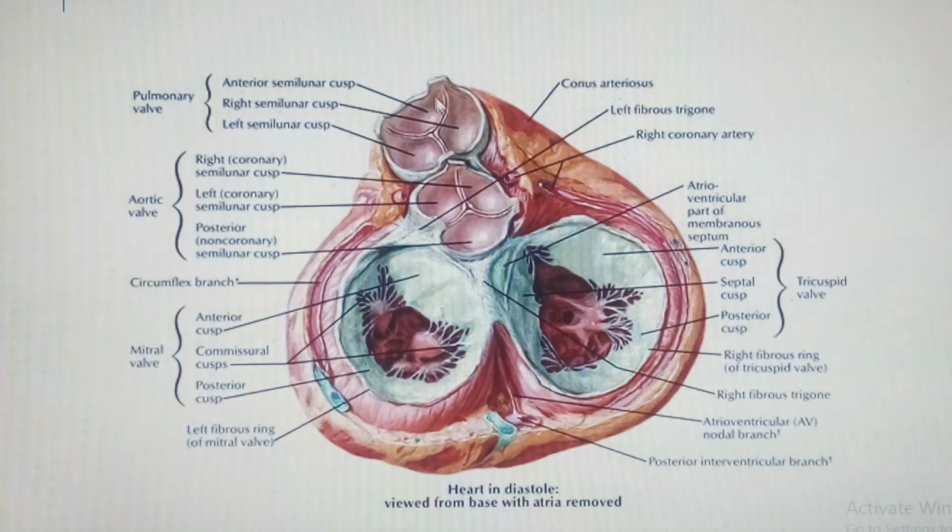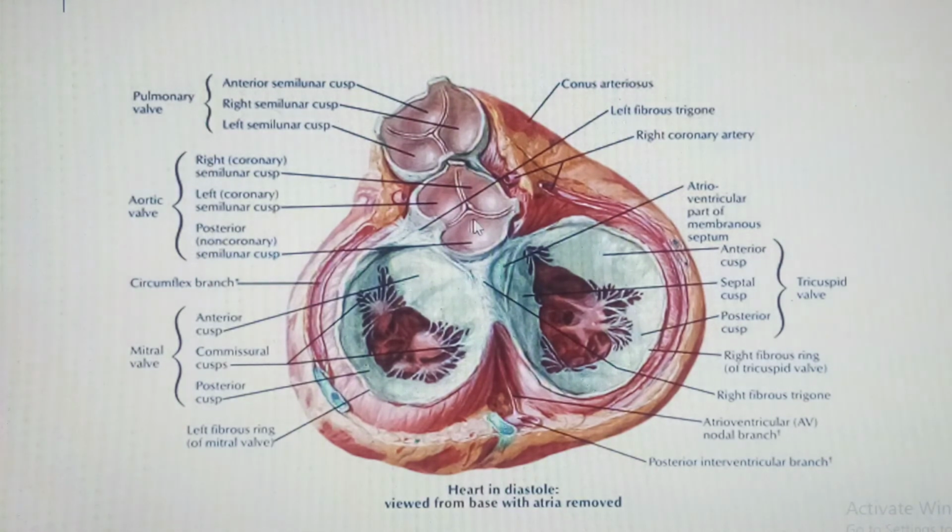These are the cusps of the pulmonary semilunar valve. Very important, so that it ensures unidirectional flow of blood from the right ventricle all the way to the pulmonary trunk.